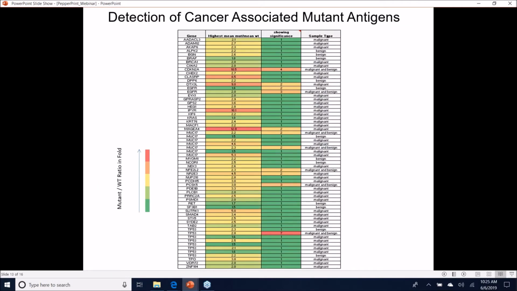Here's a summary of some of these peptides that we've identified. You can see a number of TP53, which is a well-known tumor oncogene. Some of them have immune responses that are really high, some of them are not as high, right?